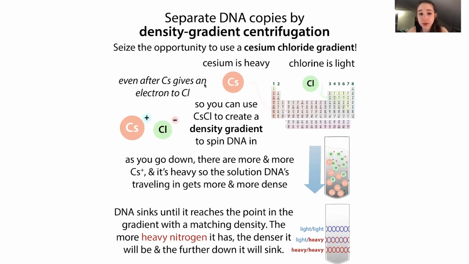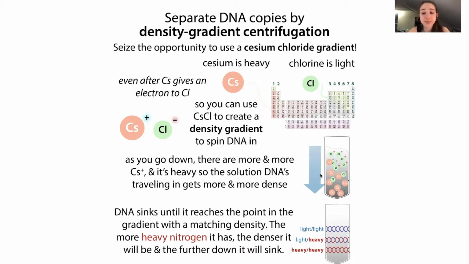And so if you have cesium chloride, the chloride is this counter ion, so the cesium is basically going to give an electron to the chlorine. So you have cesium chloride, and this is a salt, so it's a neutral combo of a plus and a minus charge. But then when you dissolve it, these can come apart. But basically, the cesium is really heavy, and so it's going to start sinking when you put this in a centrifuge.